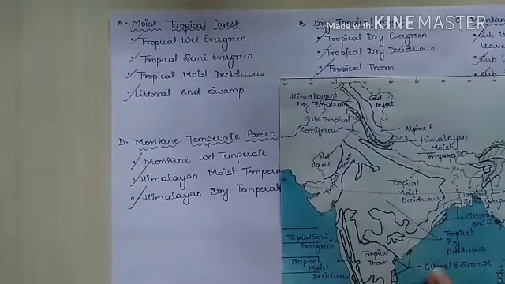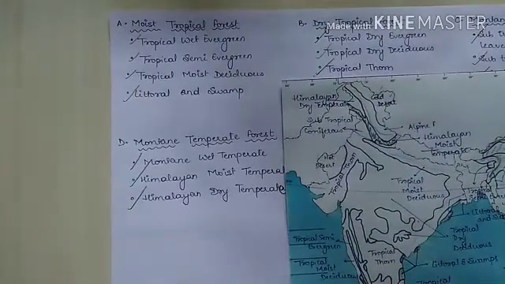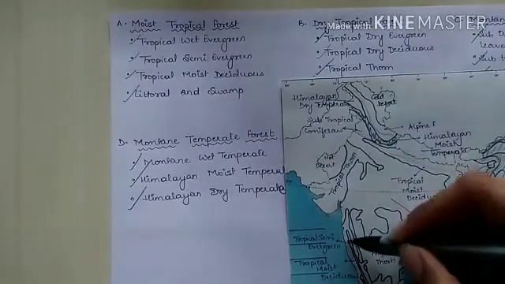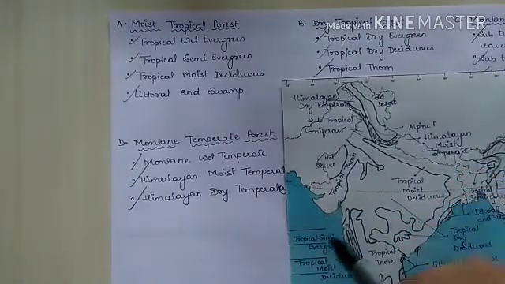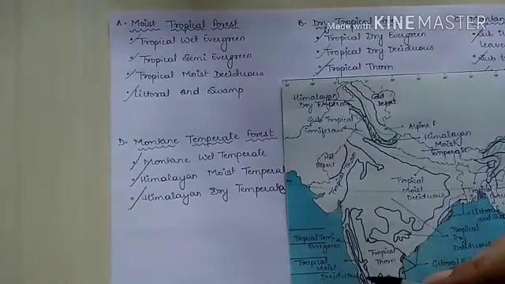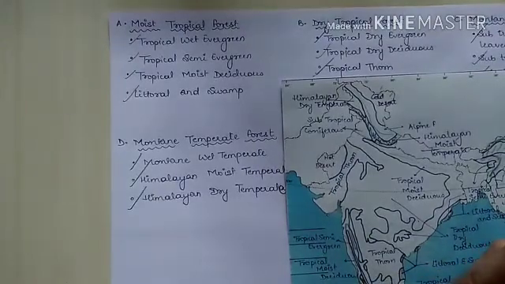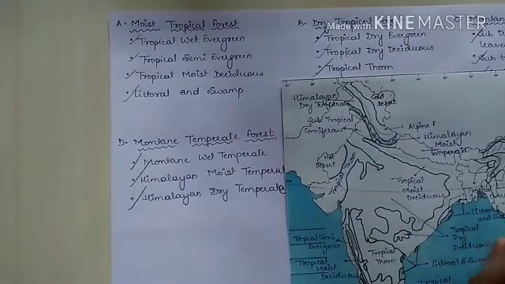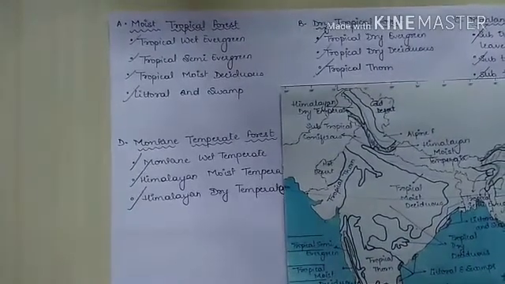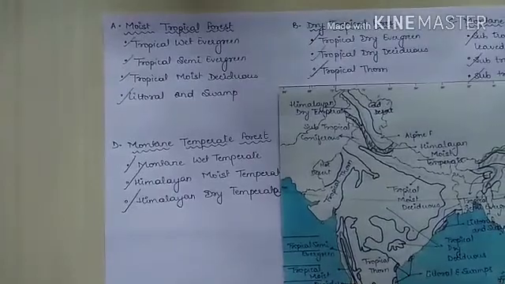Then next we have tropical moist deciduous. Tropical moist deciduous is found in this strip, this belt, which is covering both tropical semi evergreen as well as tropical wet evergreen. Next we come to dry tropical forest.